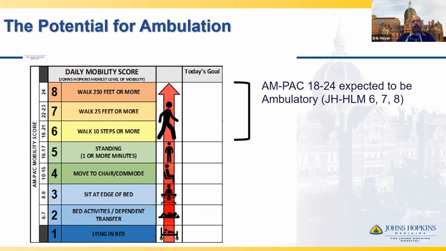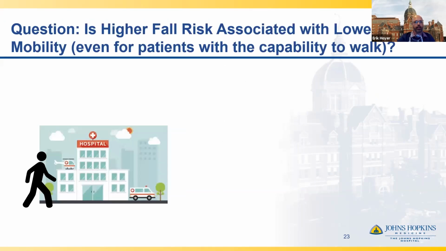They should have JHHLM scores of 6s, 7s, and 8s for most of the days during their hospitalization. So that's another assumption that we made for this study.